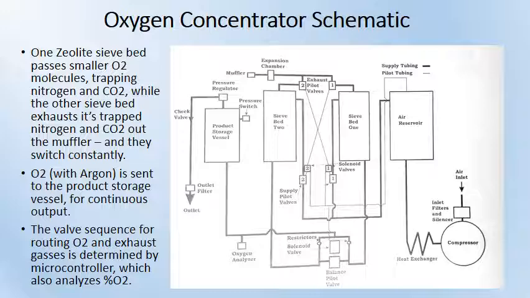Now here you see the product storage vessel, as we described before, is actually the oxygen cylinder, the one I mentioned before, which acts as a buffer. And there are additional switches, check valves, and other precautions that you would expect in a complicated system.